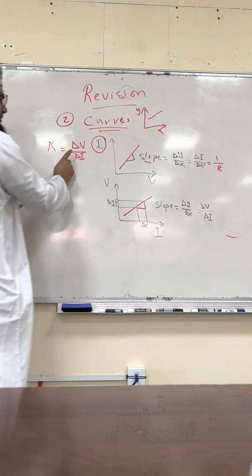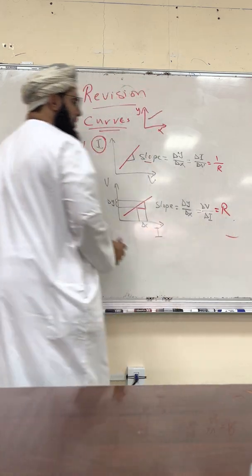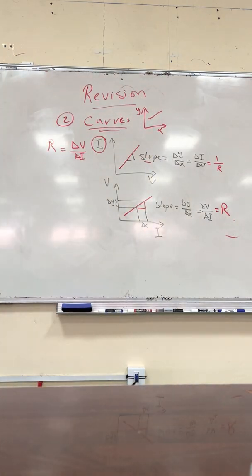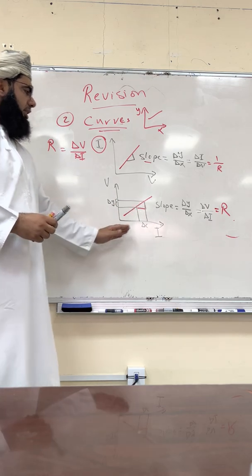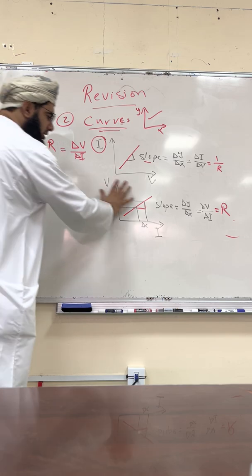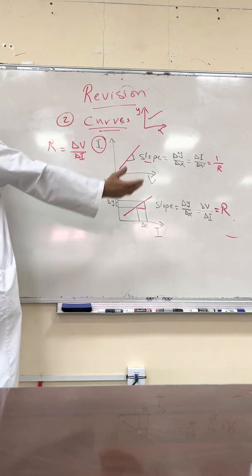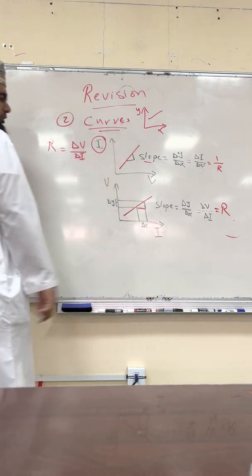As we know, delta V over delta I is just R. So in this case the constant slope of this straight line is directly the resistance. If I have been given this figure, I can easily calculate R as the slope.